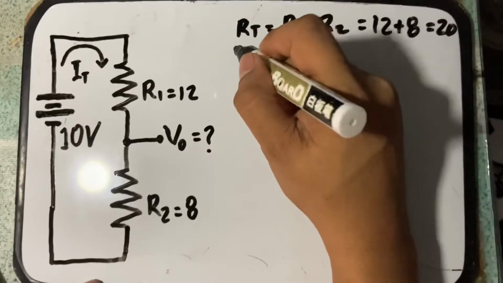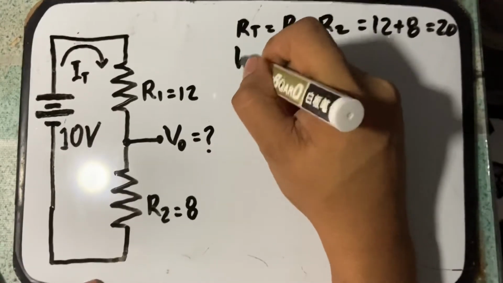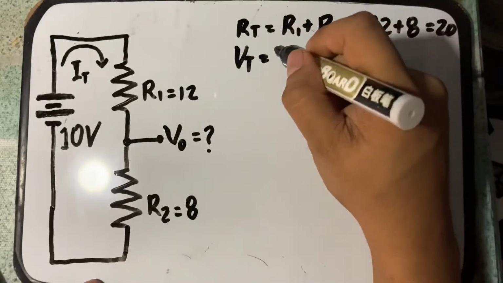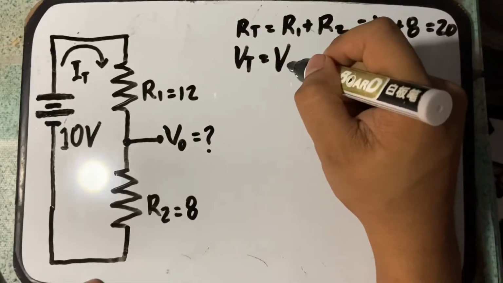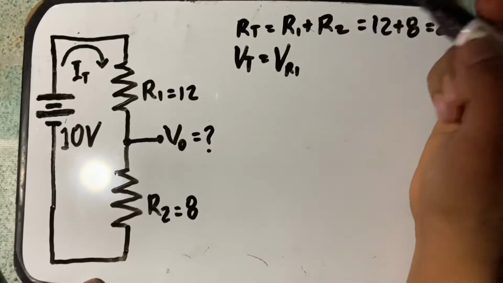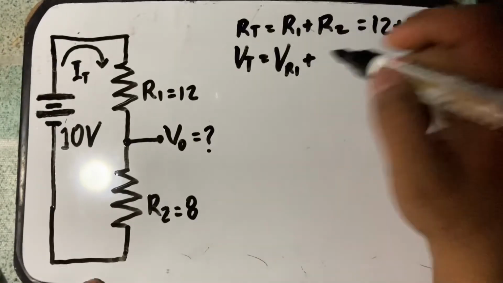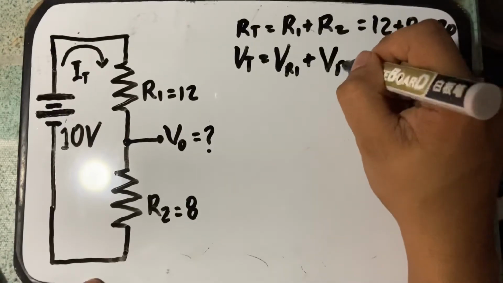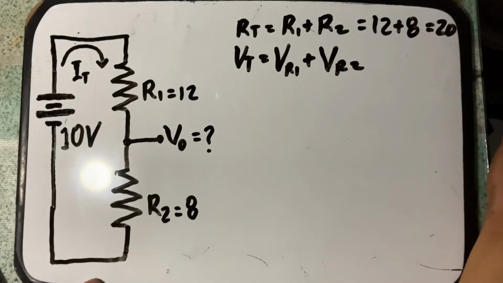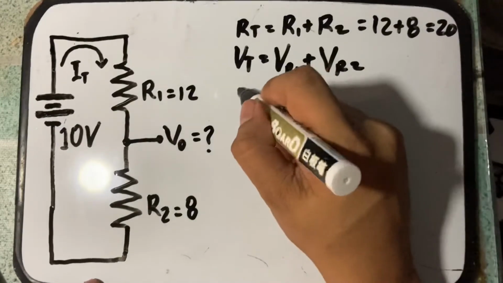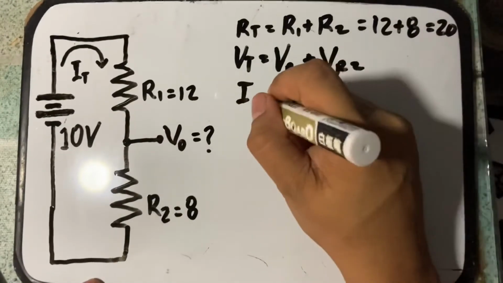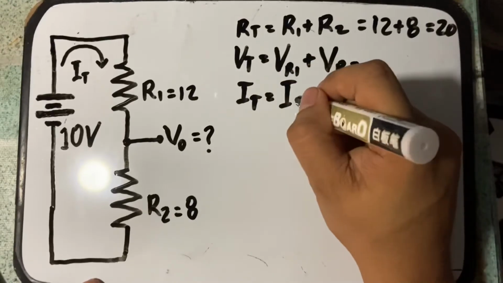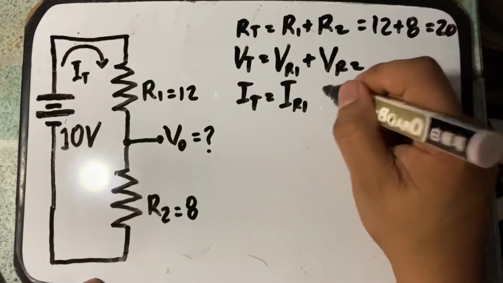Tapos ang total voltage naman natin is equal to summation din ng dalawang resistance or resistor voltage. So voltage across R1 plus voltage across R2. And then yung total current naman natin is equal sa lahat ng nakakonect dito.